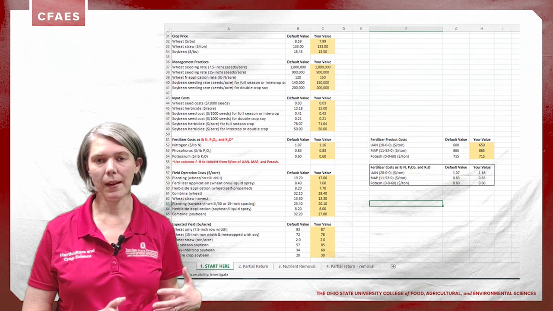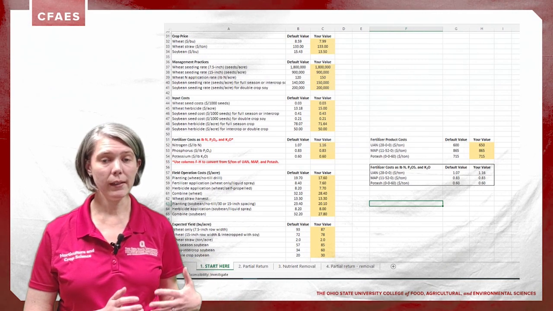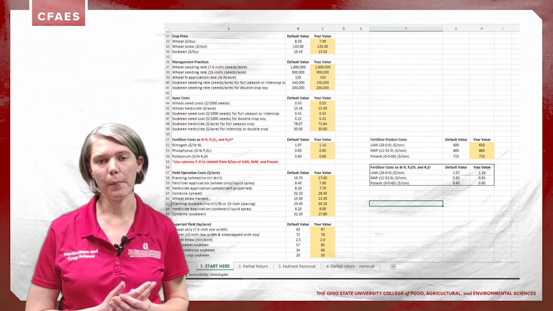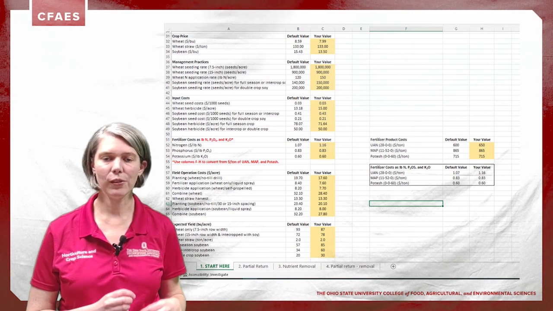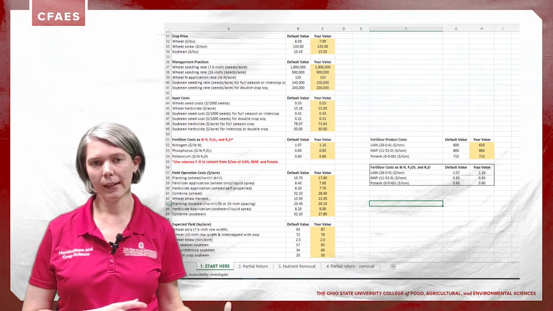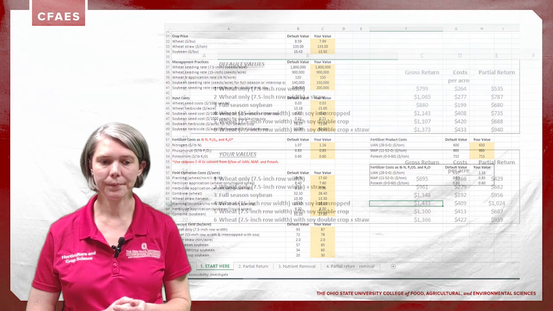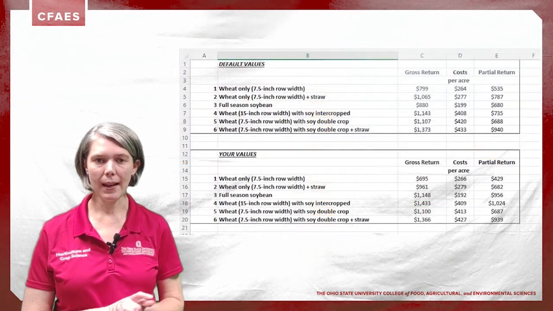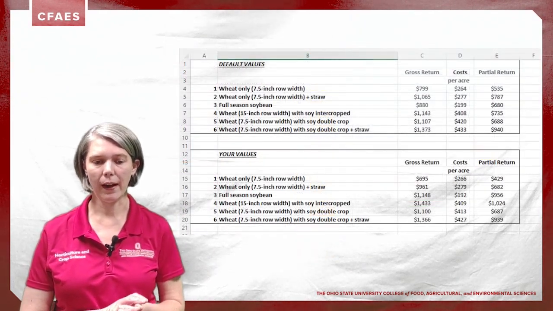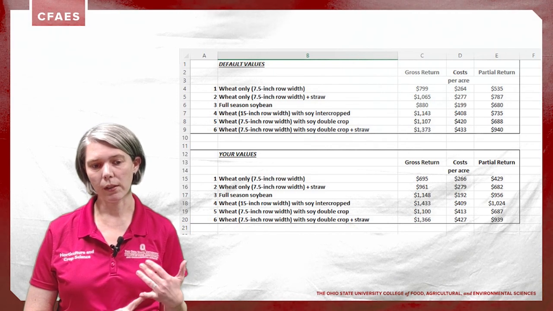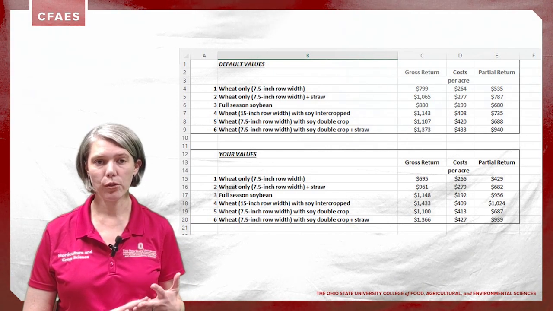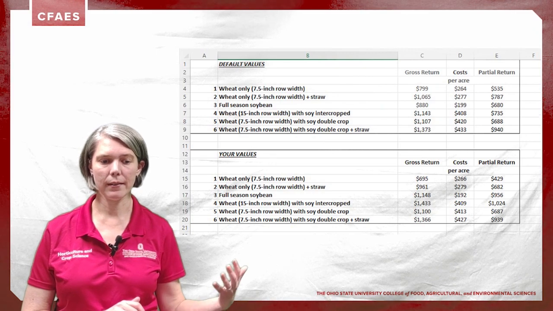We also estimate soybean and wheat yield of these various cropping systems based on field research over 3 years conducted in Northwest Ohio. The second tab of this Excel file estimates gross return, costs, and partial return of the various systems.